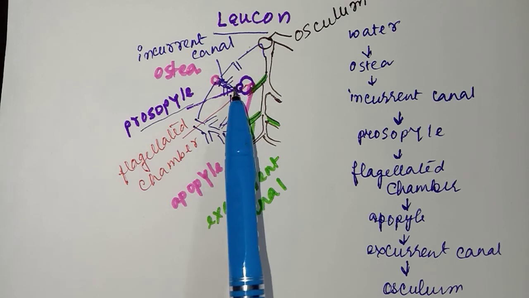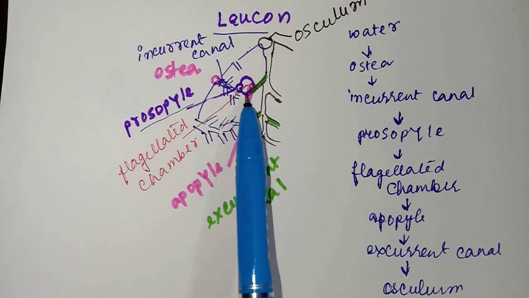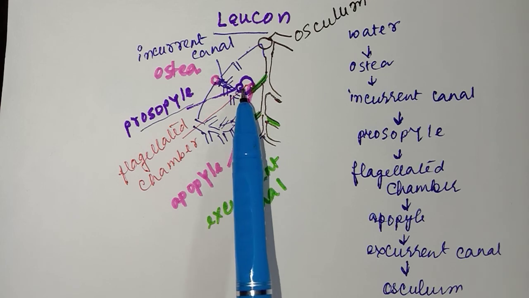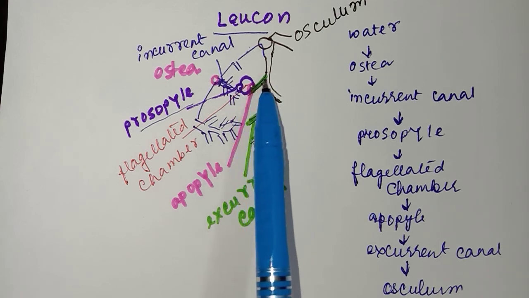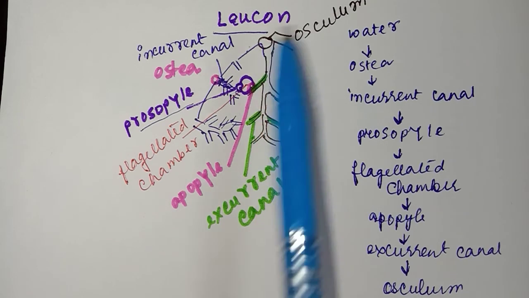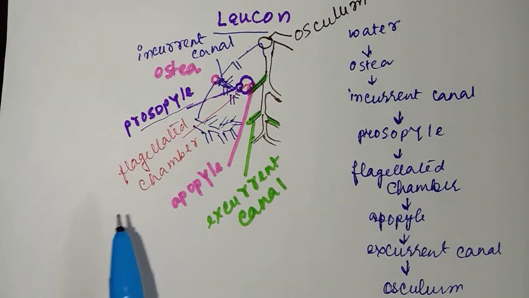Via this prosopyle, it will enter into a chamber called the flagellated chamber. Now from this flagellated chamber, with the help of the apopyle, it will enter into the excurrent canal, and from this excurrent canal, the water will be removed outside with the help of the osculum. So this is the Leucon type of canal system.